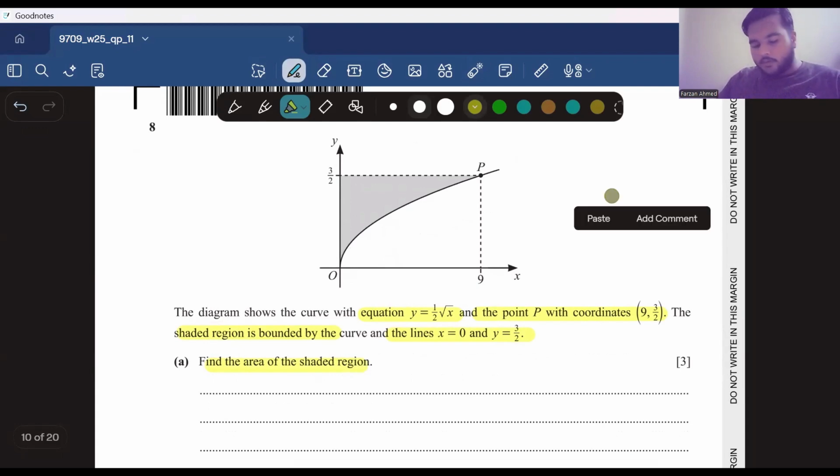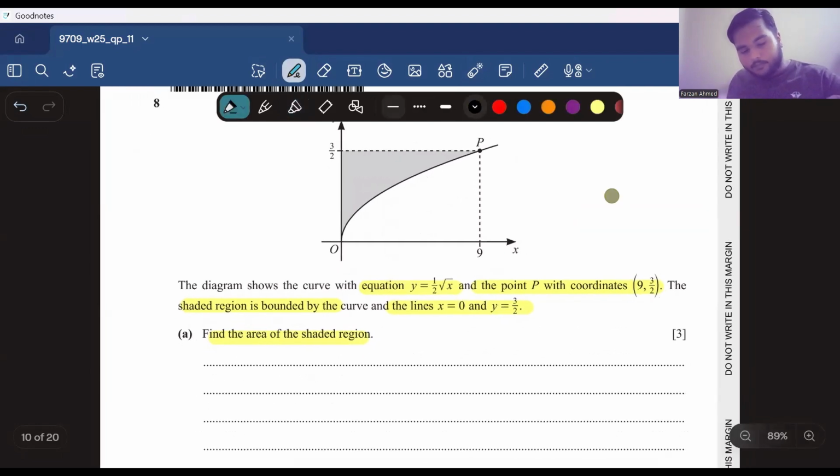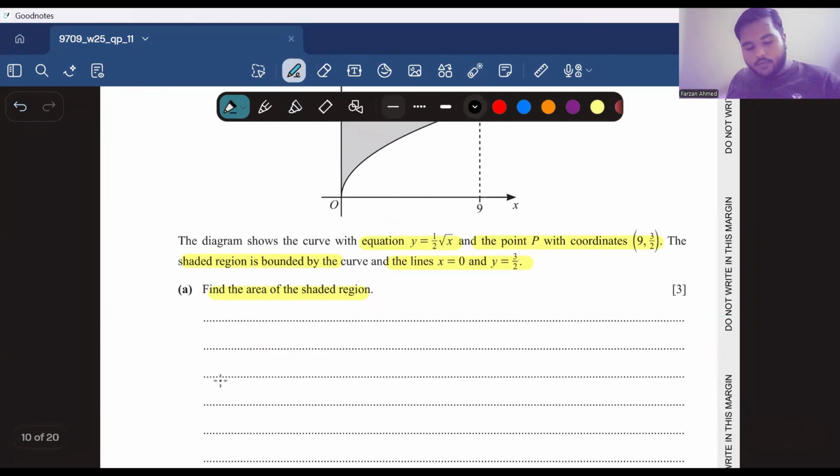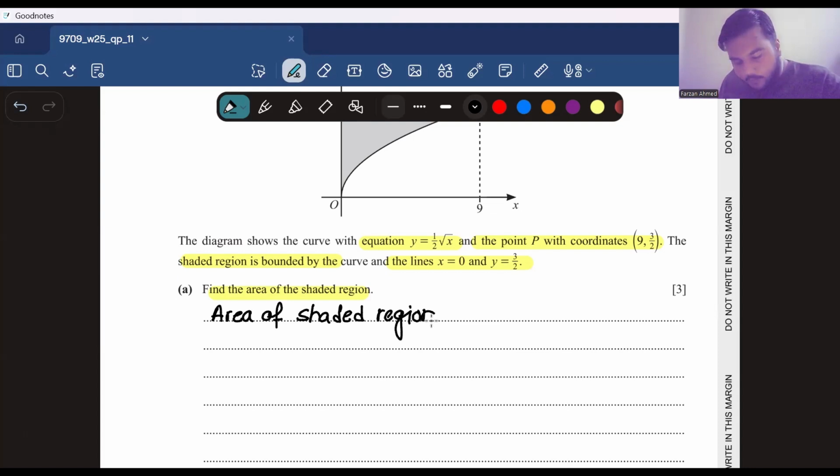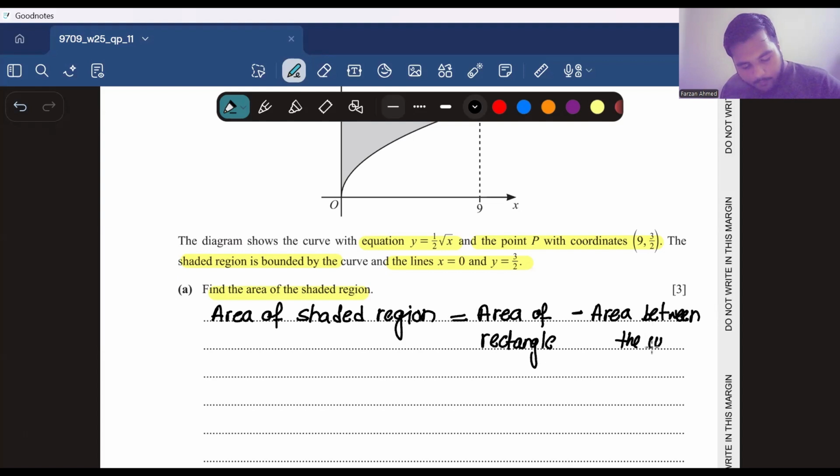So first of all, you have to know that to find the area of the shaded region, it is found by the area of the rectangle minus the area between the curve.